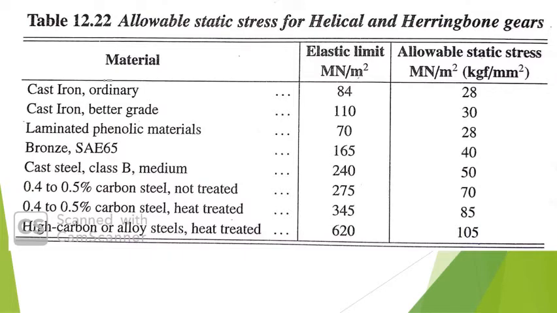So the table number 12.22 gives us this allowable static stress for the design of the helical and herringbone gears. So here from this table we can get the elastic limit and the allowable static stress in meganewton per meter square.